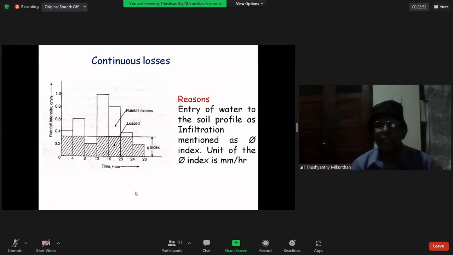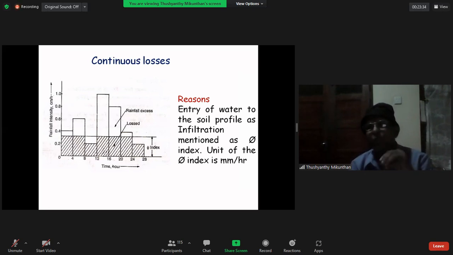We call continuous loss the phi index. This phi index is approximately equal to the infiltration rate of the soil. After the rainfall, with fully saturated soil moisture, even then there is a chance for infiltration.